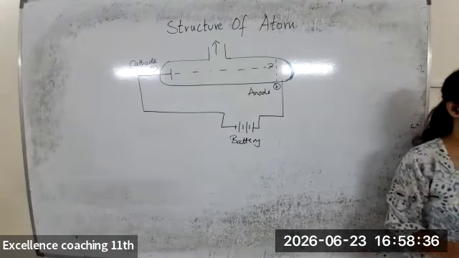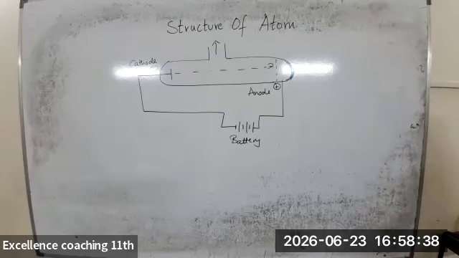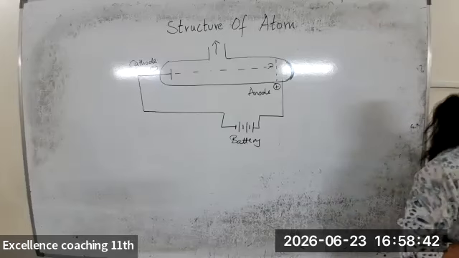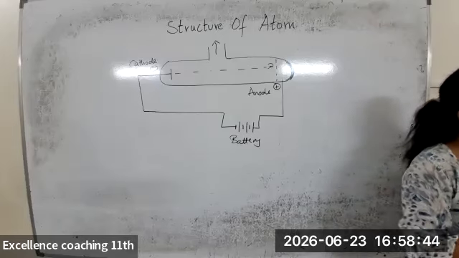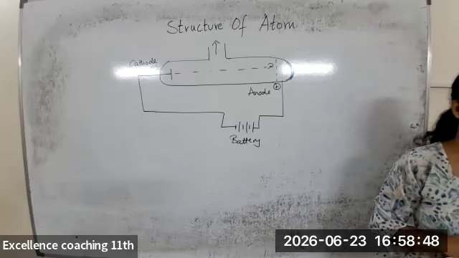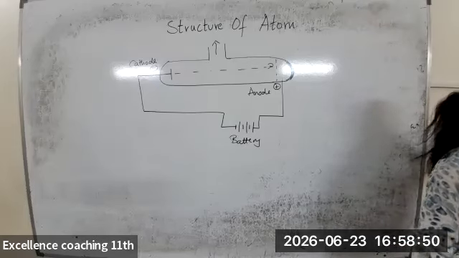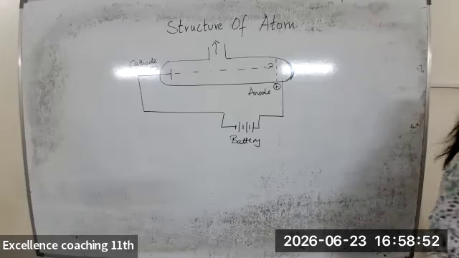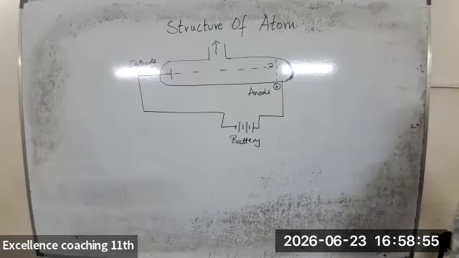So fluorescent is something which will absorb light. Okay. And then after some time, that particular light which it has absorbed, it will emit. But fluorescence is only for a short period of time. Unless and until there's a light source and it absorbs, it will emit. Okay.